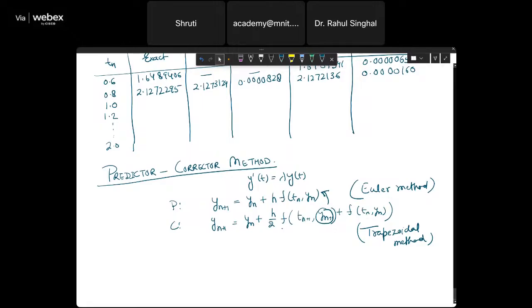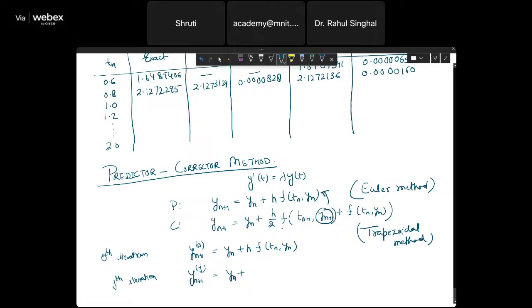More precisely, as a zeroth iteration, we obtain yn plus 1 as yn plus h f at tn, yn. Then for the jth iteration, we use the j minus 1th iteration of yn plus 1 to calculate it.